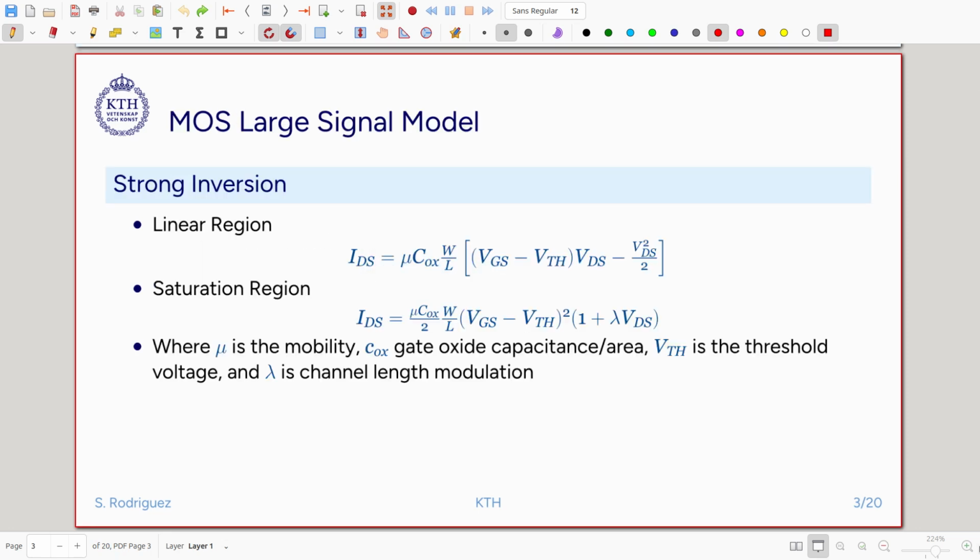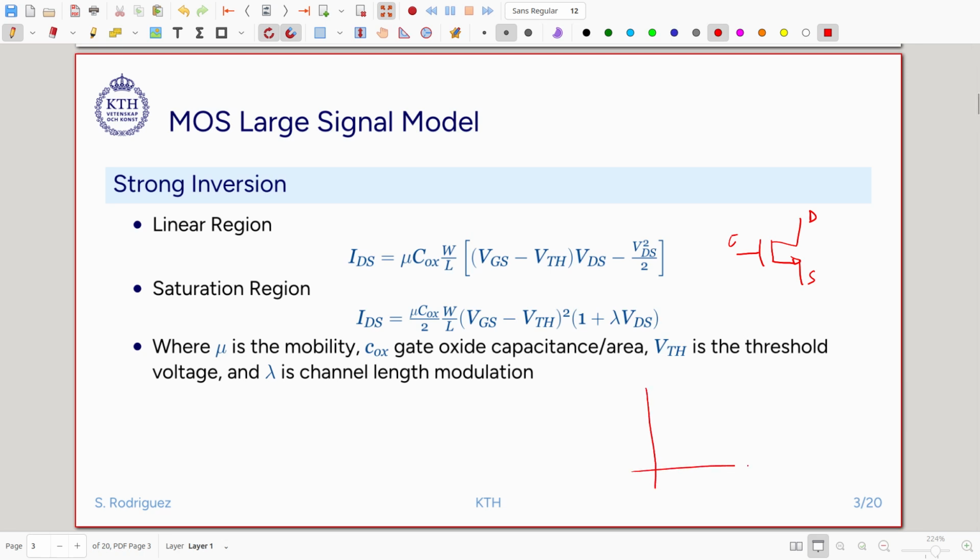So first we have MOS devices, as you have seen in previous courses. We have here our MOS device, so gate, source, and drain. The current in these devices can be modeled using the following equations.